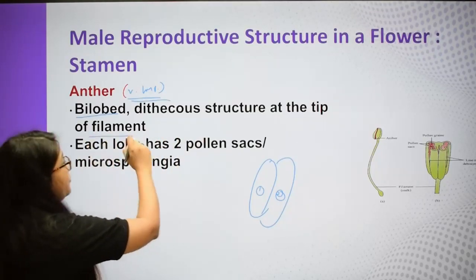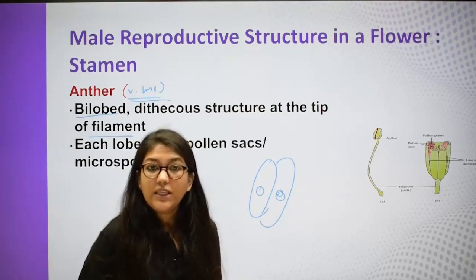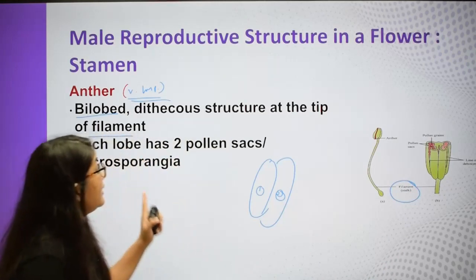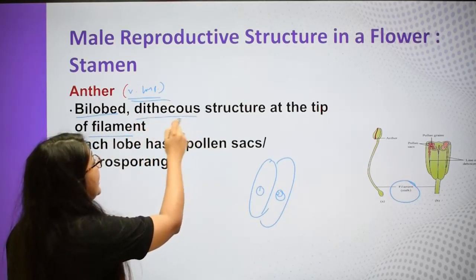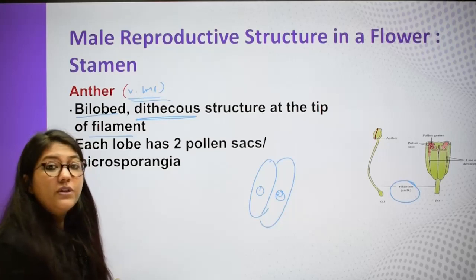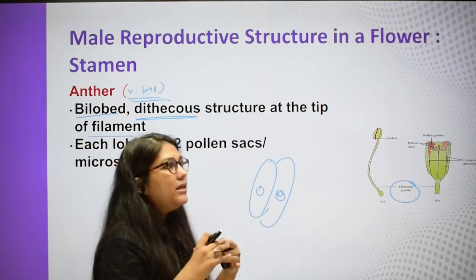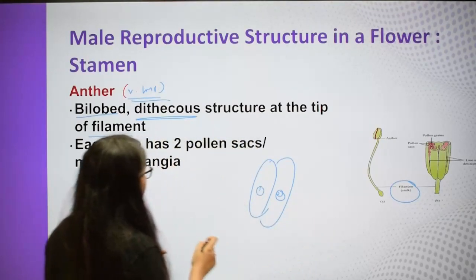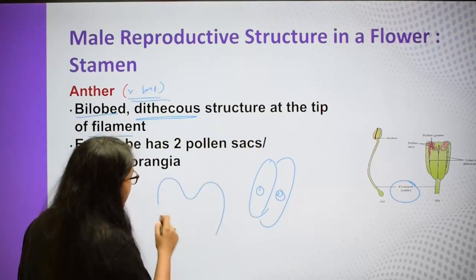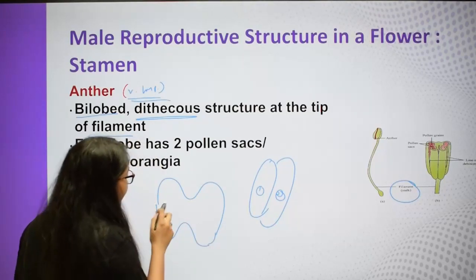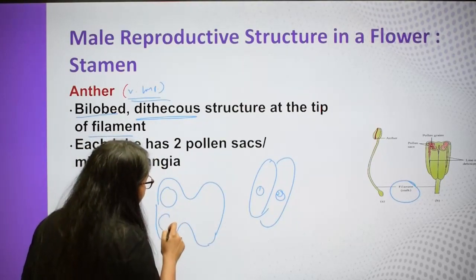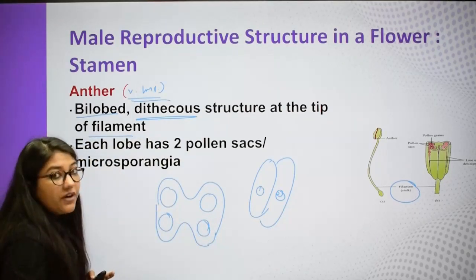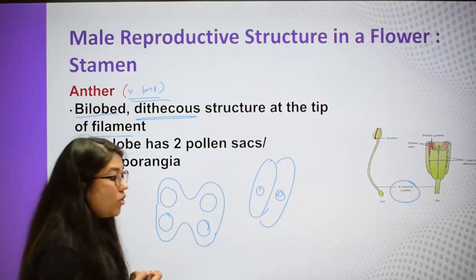Dithecous structure at the tip of the filament. We already know where the anther is present. It is present at the tip of the filament. Now another term, dithecous. So what is the meaning of dithecous? See, theca means covering. So whenever we see the section of the anther, in each lobe we are going to find these spherical structures, which are called pollen sacs.